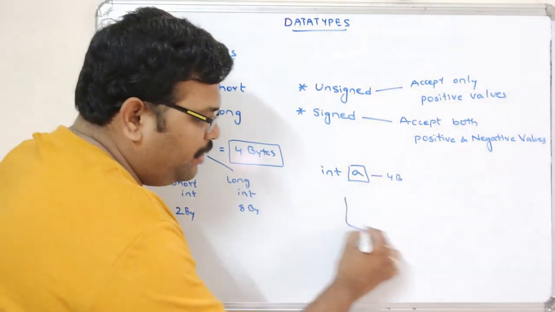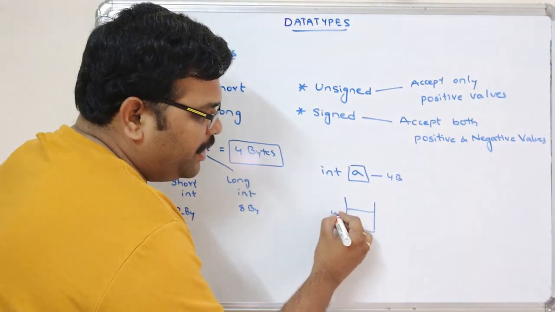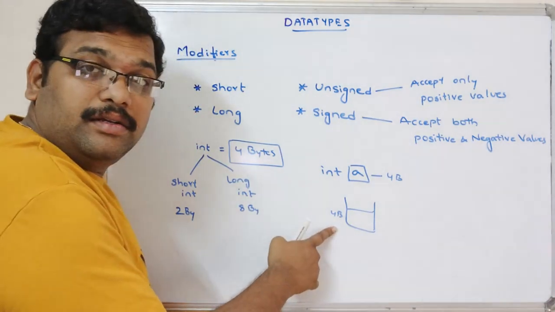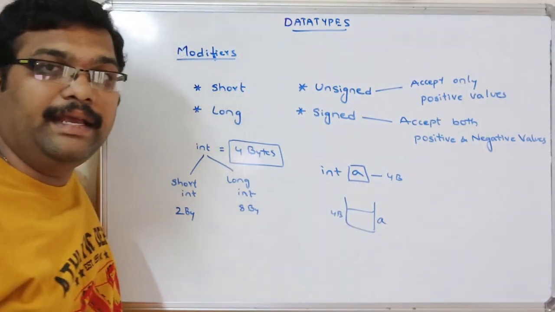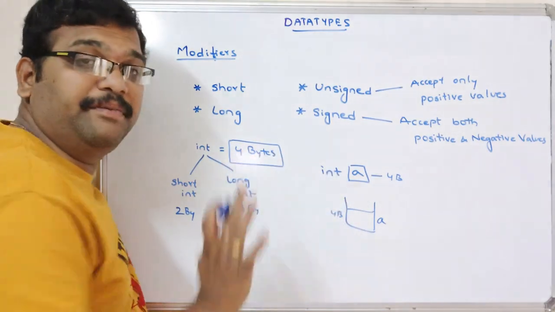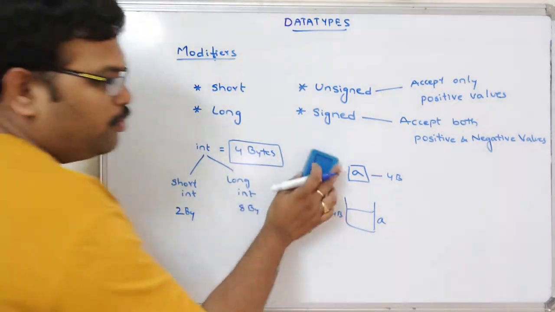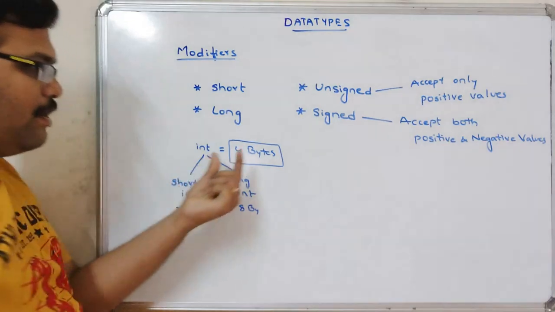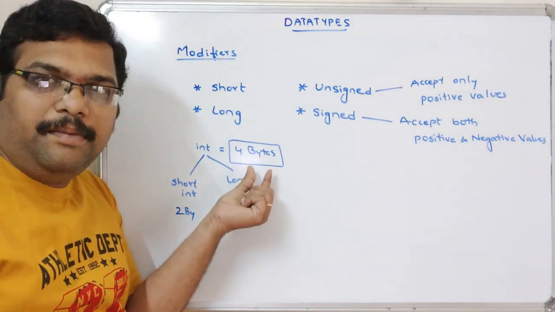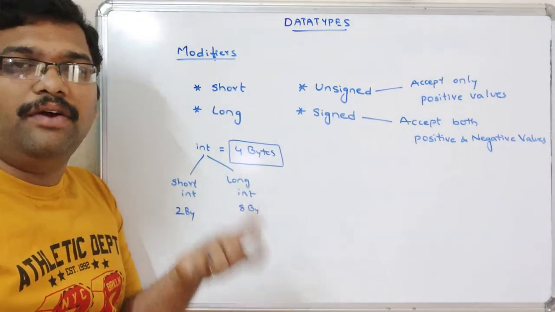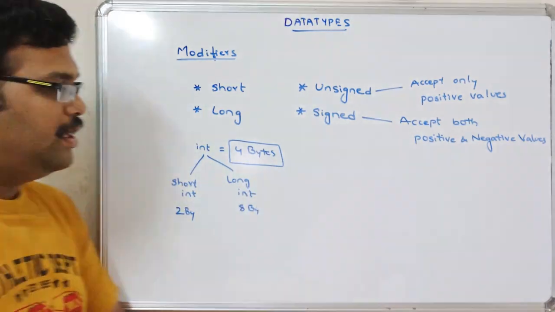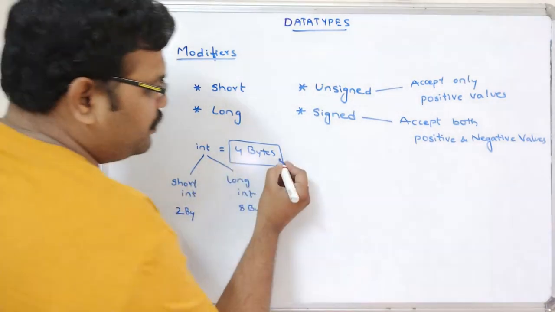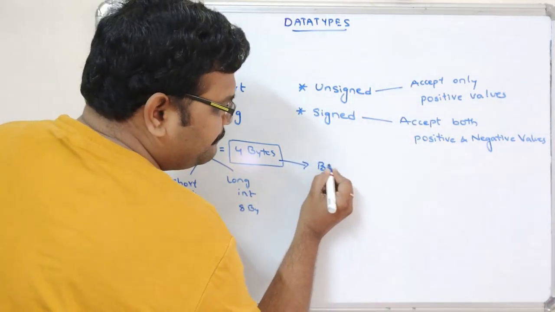So in the memory, 4 bytes will be stored for variable a. That happens for this statement. So first we have to know the size of the data type so that we can know the range of values which can be accepted by that particular variable. Simply, first we have to convert it into bits.